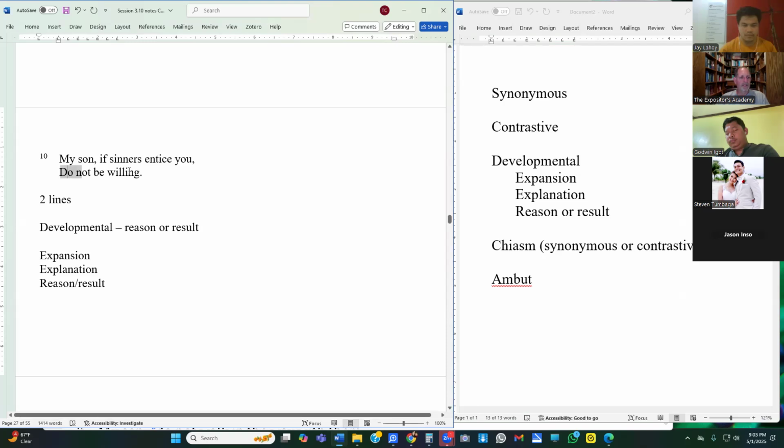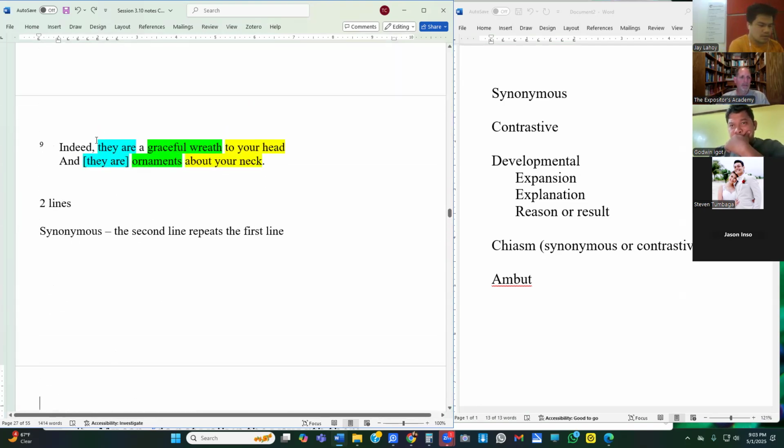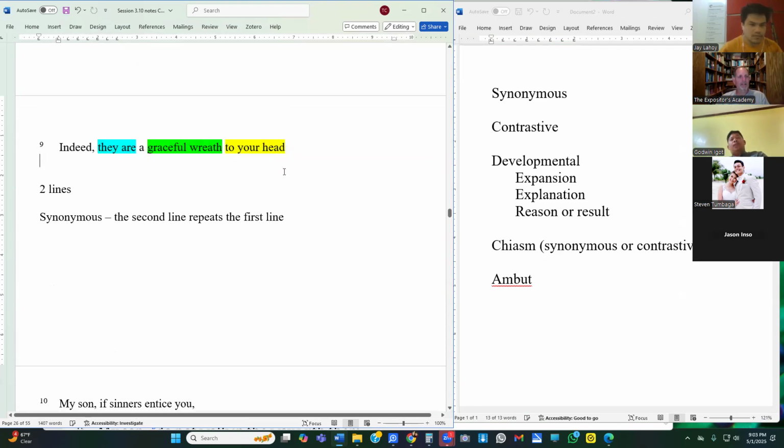It's almost like the second line is sort of completing the first one, right? Because without the second line, if sinners entice you, it's kind of left open, right? It needs something to complete it. Whereas in synonymous parallelism, each line is saying basically the same thing. So for example in verse 9, we could take out the second line and the idea is still there.